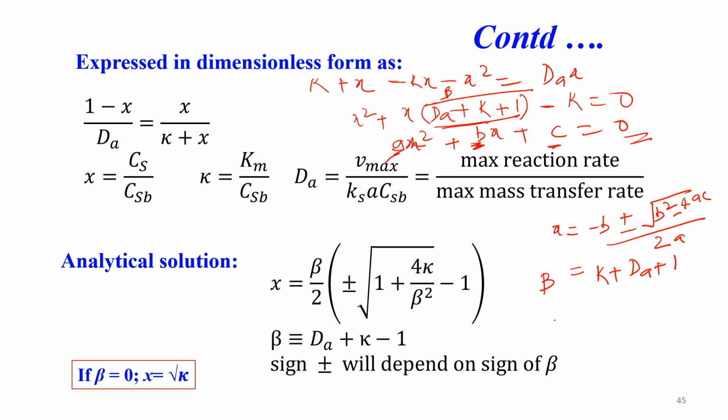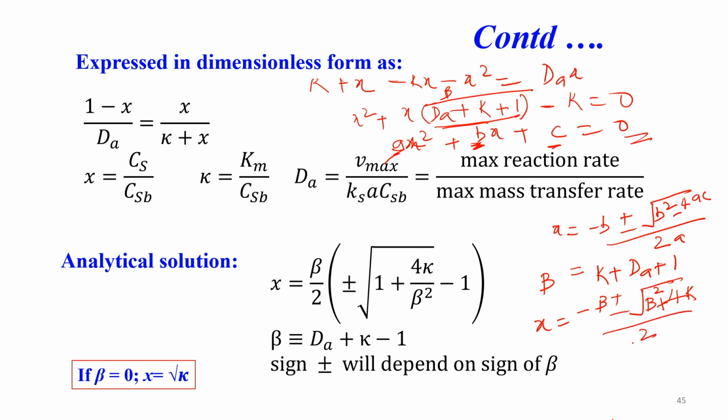So, it says x equals minus beta plus or minus the square root of beta square minus 4ac; a value is 1, c is minus kappa. So, it becomes plus 4 kappa, whole upon 2.